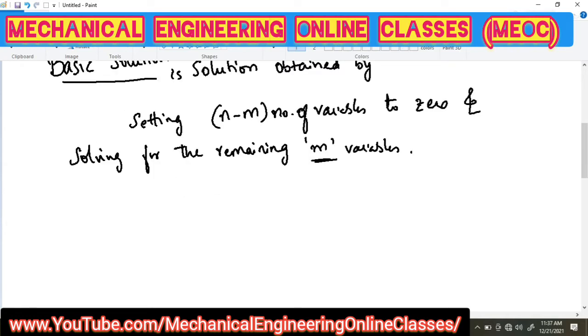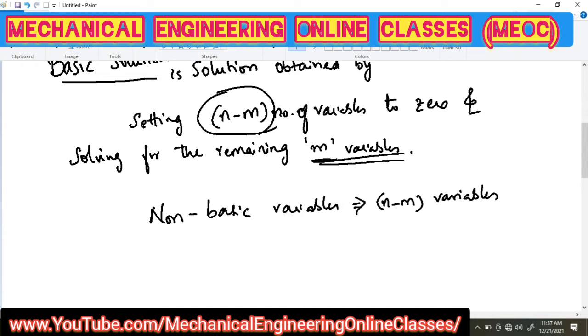These are the variables that we have found by keeping n minus m variables at 0. Whatever variables we have made 0 are called non-basic variables, and those which we have found, these m variables, are called the basic variables.